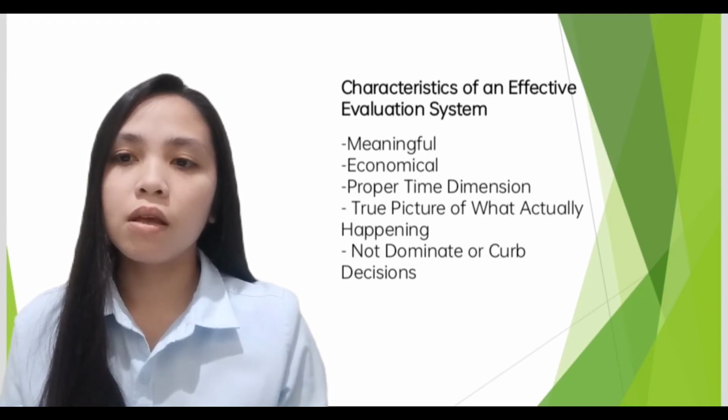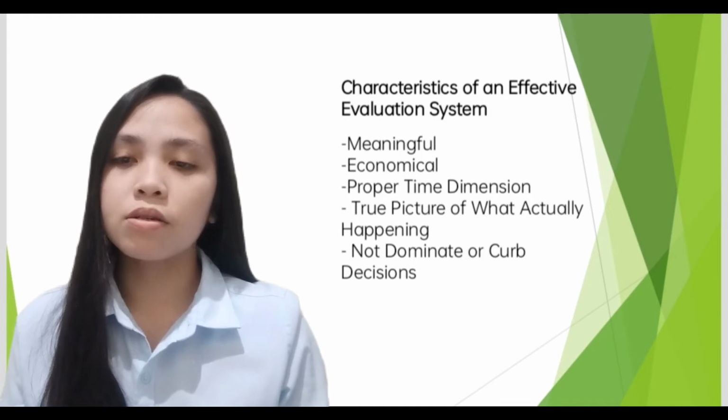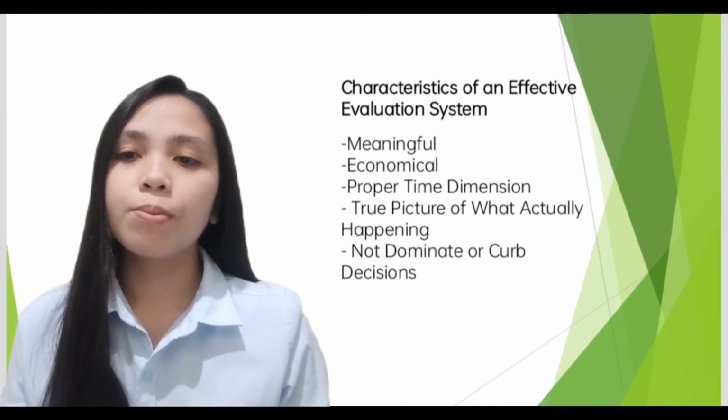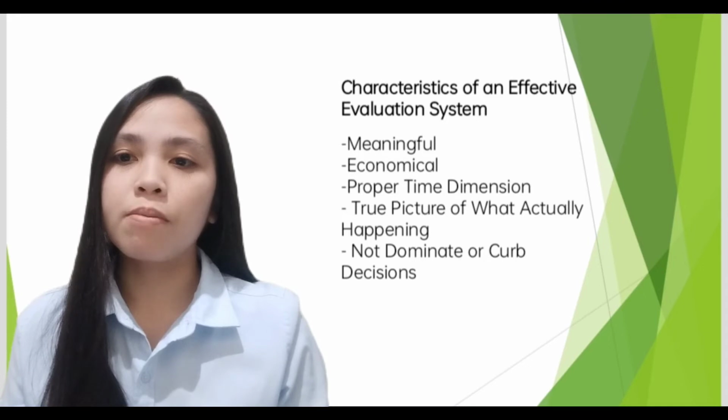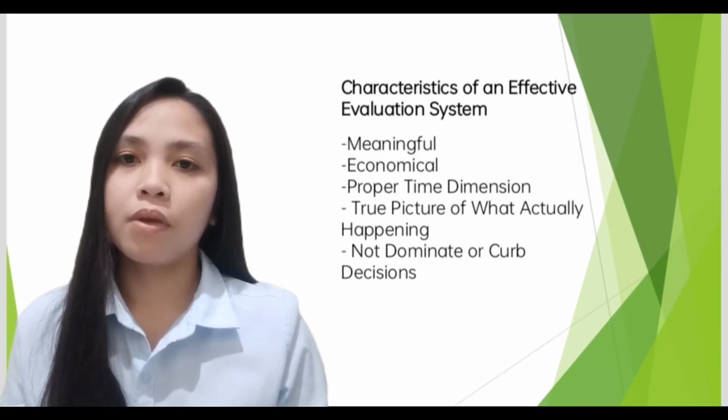The second is economical. Strategy evaluation and control process should be economical. This means that the process should not be made unnecessarily elaborate and incur too much cost on evaluation itself.